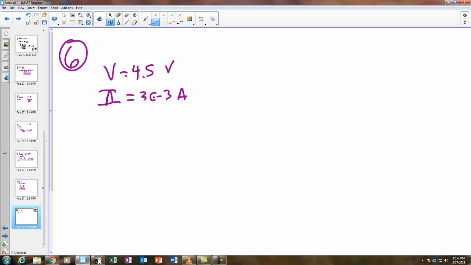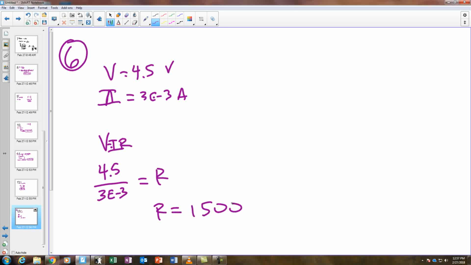I know that V equals IR. So if I take 4.5 and divide it by 3E negative 3, I should get R, and R comes out to 1,500 ohms.